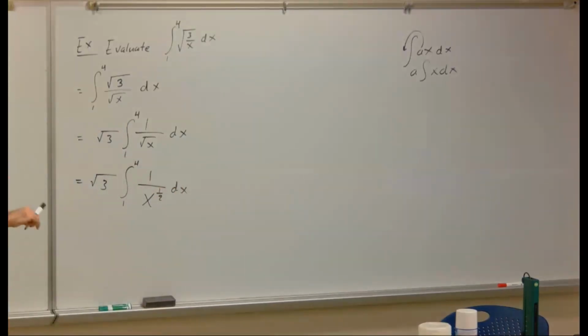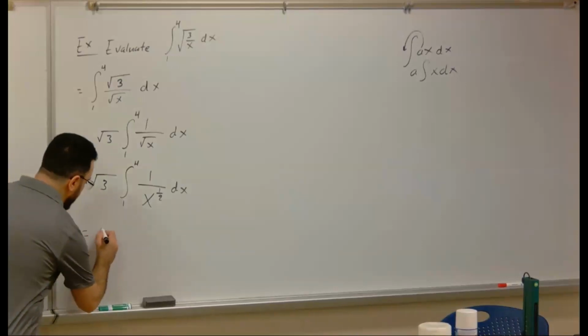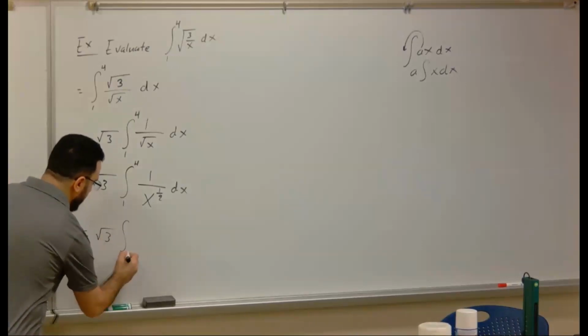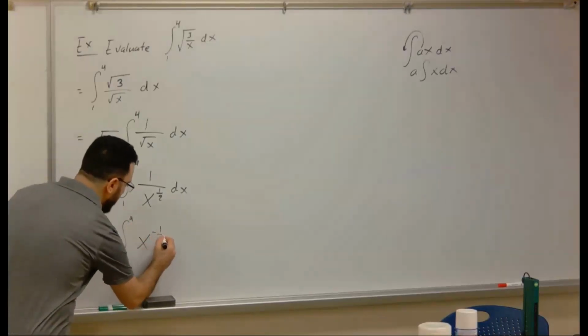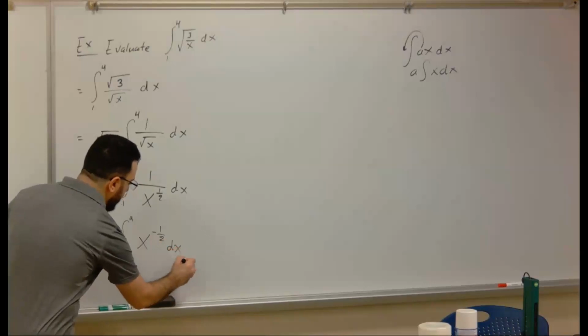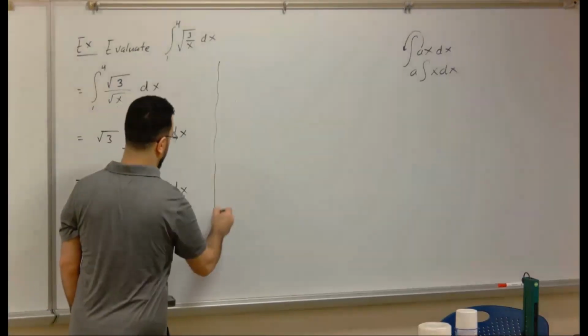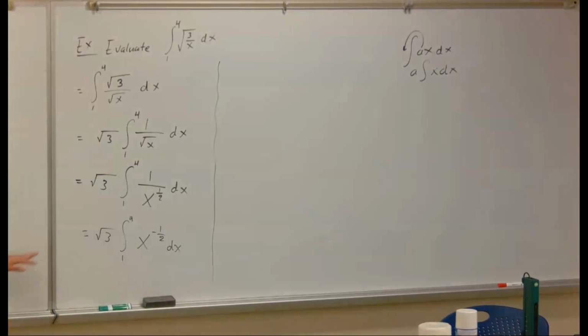Then I move the x to the half to the top, so it's going to be negative half. That means square root of 3, integral from 1 to 4, x to the negative half dx. Now what about the 3? Just keep it until the end.